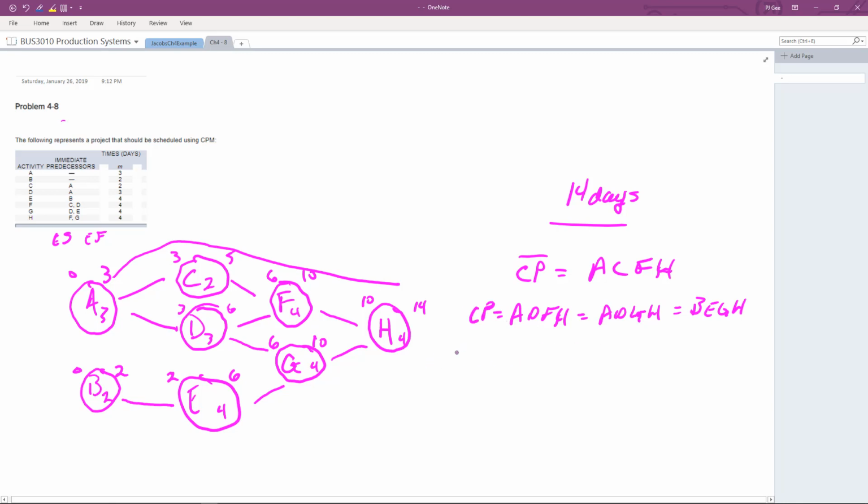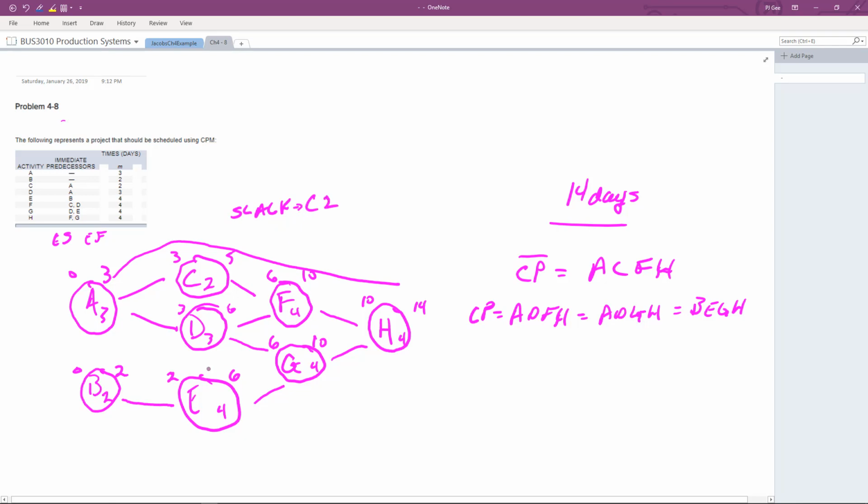But let's show that a little more clearly here, and we're going to go through and do the late start, late finish. So now you're getting the idea that the first time we go through this from front to back, we're looking to find what processes, if we start everything as early as possible, we see that there's slack time here. So slack, the only activity with slack is C2.